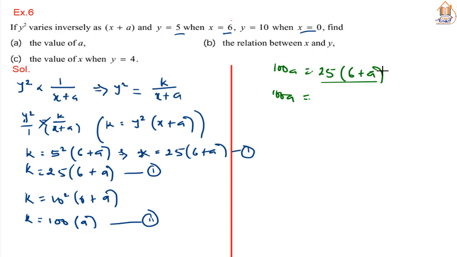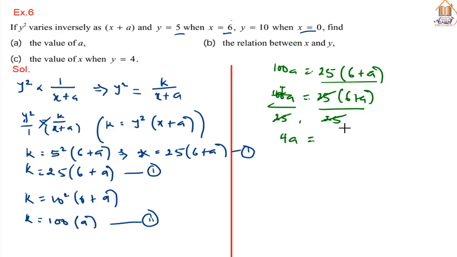We either open the bracket or we divide both sides by 25. So we have 25 times 6 plus a all over 25. 25 cancels 25 here, and 25 in 100 gives 4. So we have 4a is equal to 6 plus a.